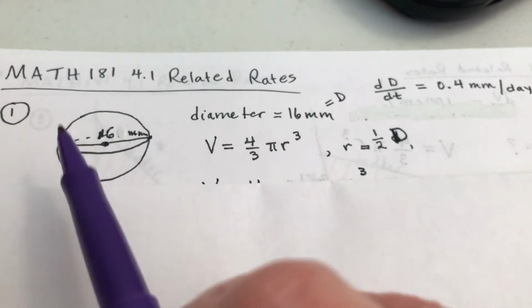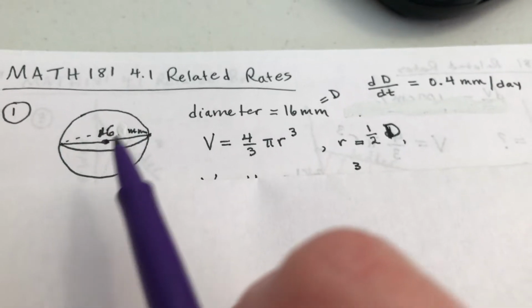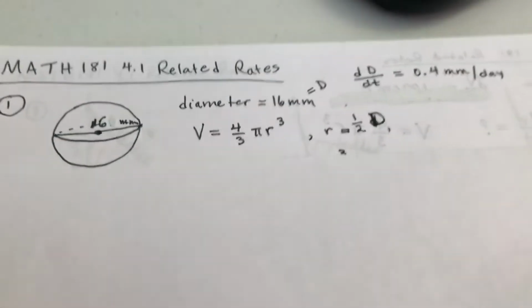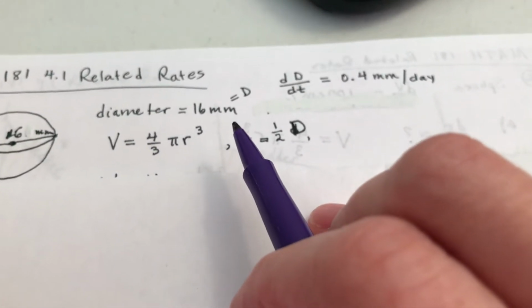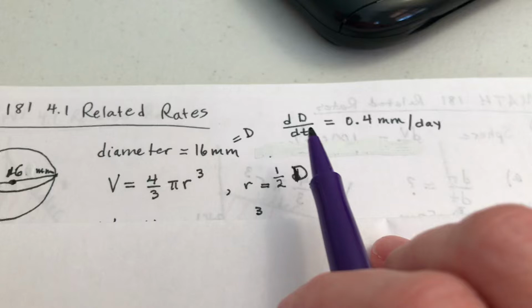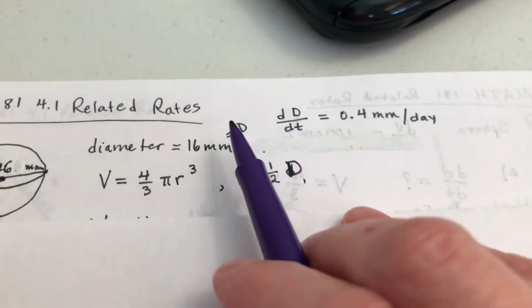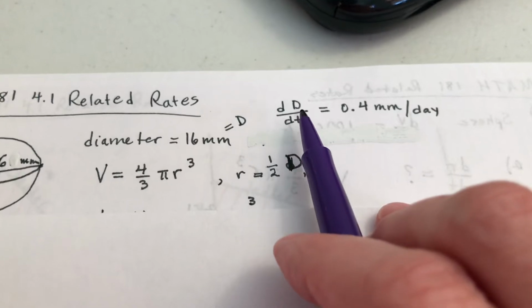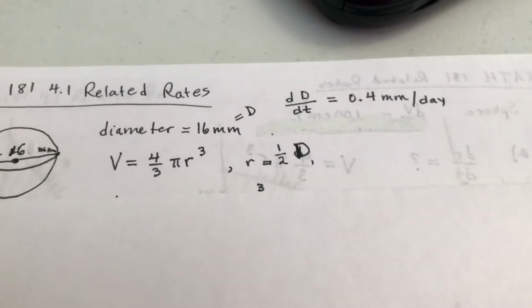We know that the volume is increasing as the diameter increases, and we need a relationship between volume and diameter. I wrote down that the diameter was 16 millimeters at that point, and we're given that dD/dt, using capital D for diameter, the rate of change of diameter with respect to time, is 0.4 millimeters a day.